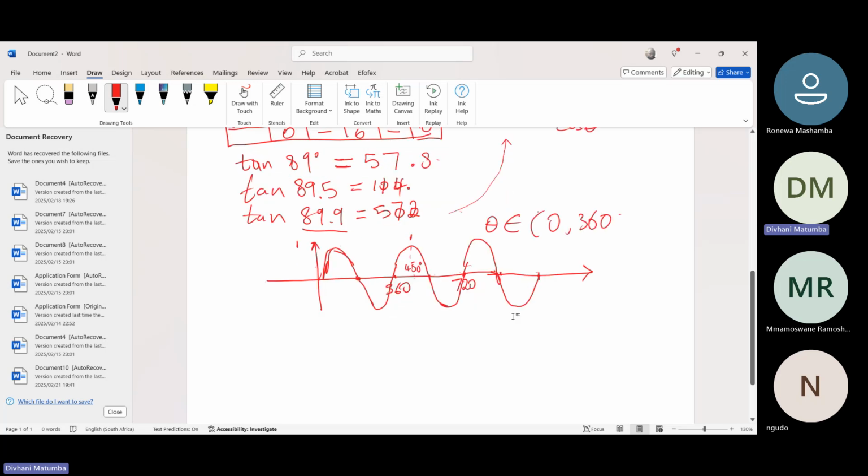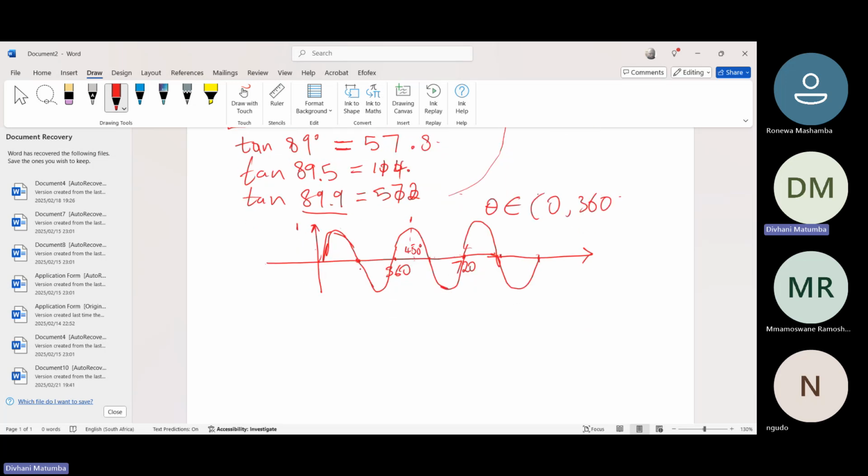So the graph that we're gonna be dealing with when we do general equations will be a continuous graph of sine, just like the waves that you did in physical sciences in grade 10. The sine and the cosine are a representation of the waves.